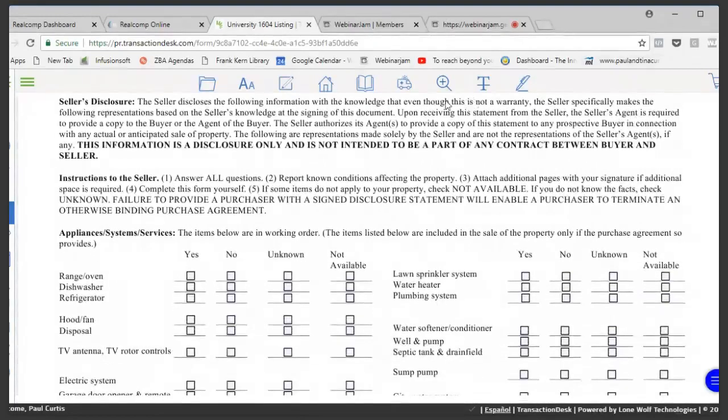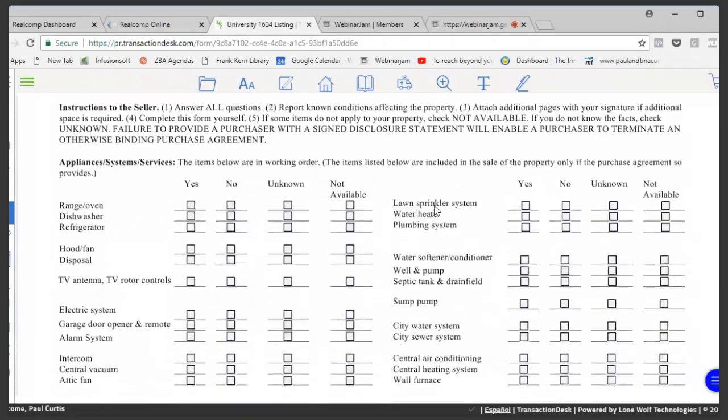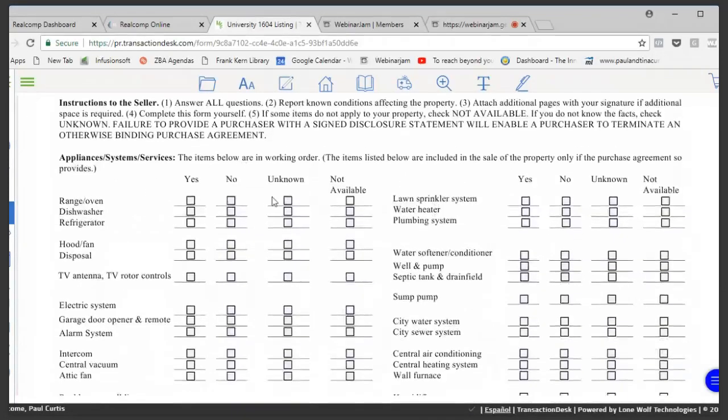Okay, here's how I explain these categories. This is that the items are in working order or not available. So in this case, we're saying the stove is staying. Yes means it is staying and it works. No means it is staying, but it does not work.